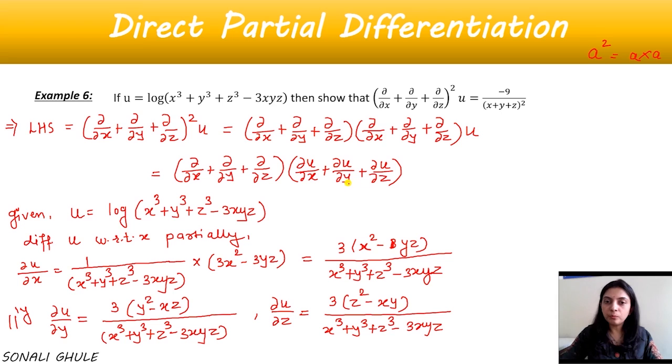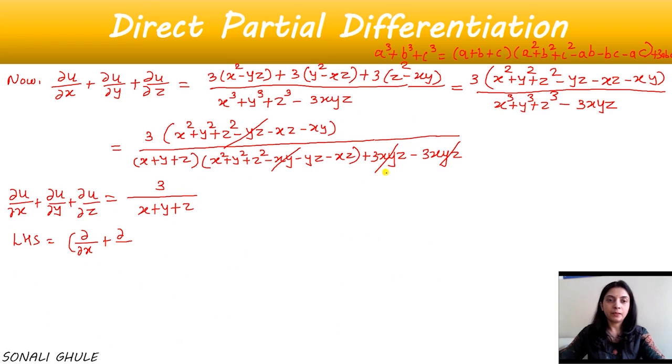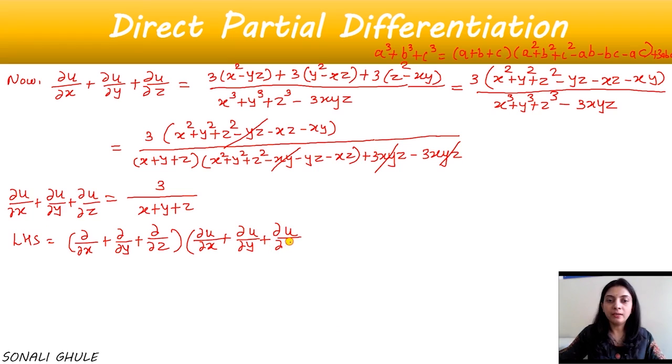Now here I am going to put the value for this u with respect to x, plus u with respect to y, and u with respect to z. So here I can write ∂/∂y plus ∂/∂z into ∂u/∂x plus ∂u/∂y plus ∂u/∂z, and putting the value for this.